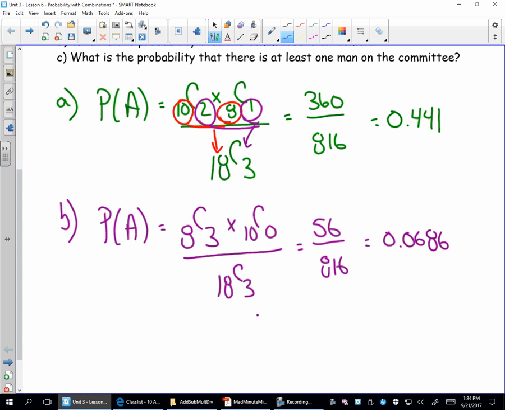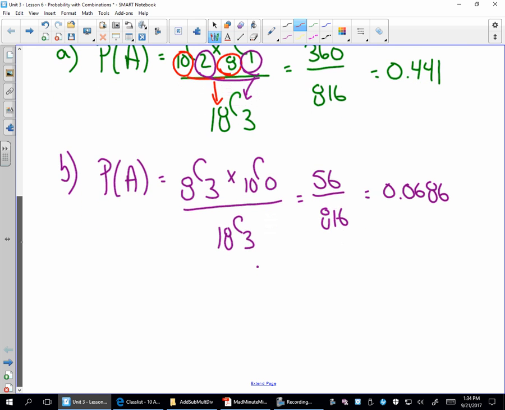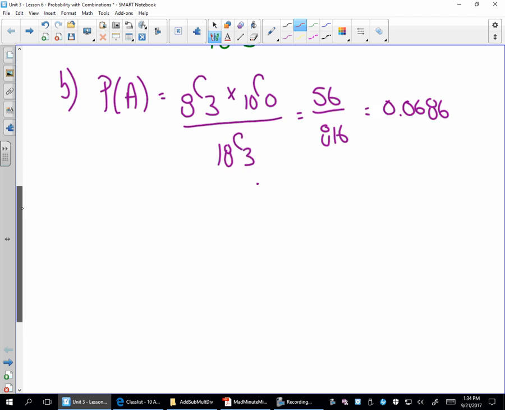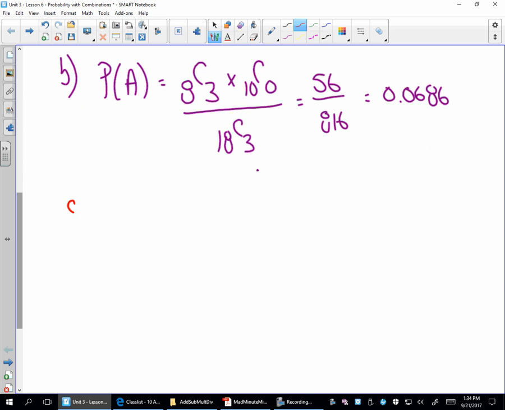And let's try part C. The probability there's at least 1 man on a committee. Oh, at least 1. Well, that implies cases. I could have 1 man, or 2 men, or 3 men. Now, we've talked about faster ways of doing this kind of question, the idea of the indirect method. If I want at least 1 man, well, the complement to that is no men.